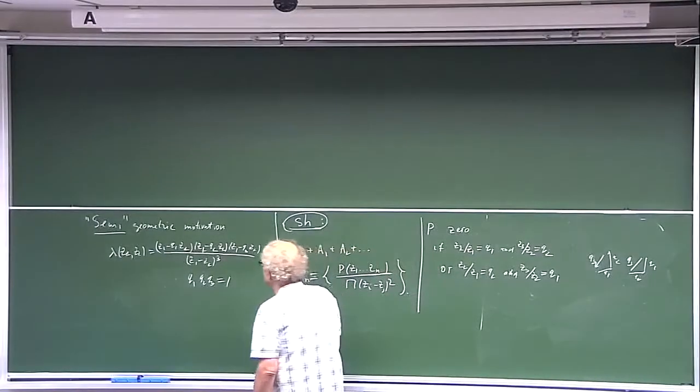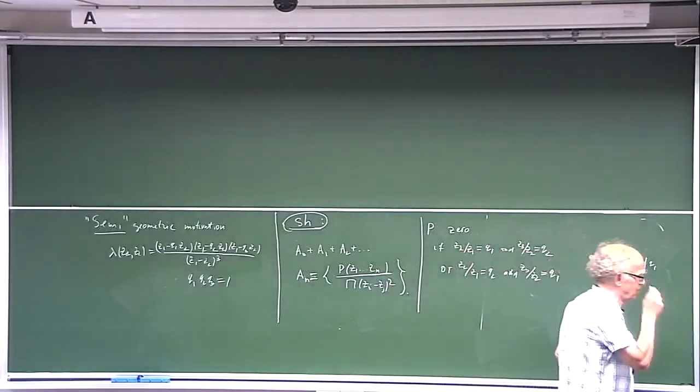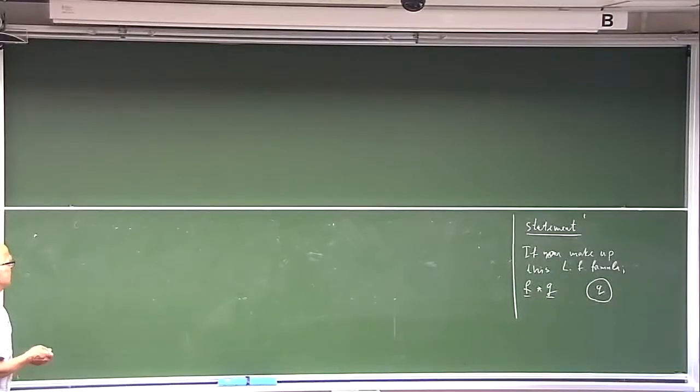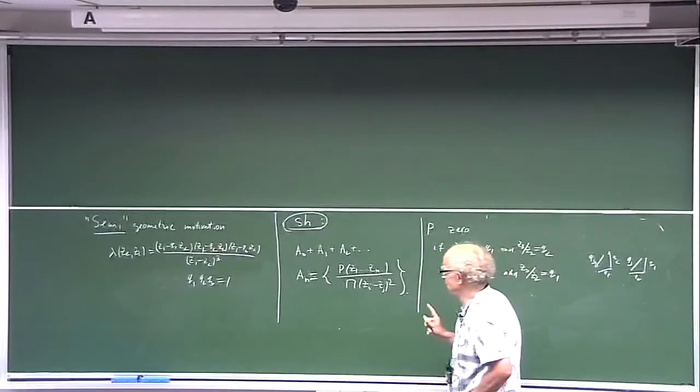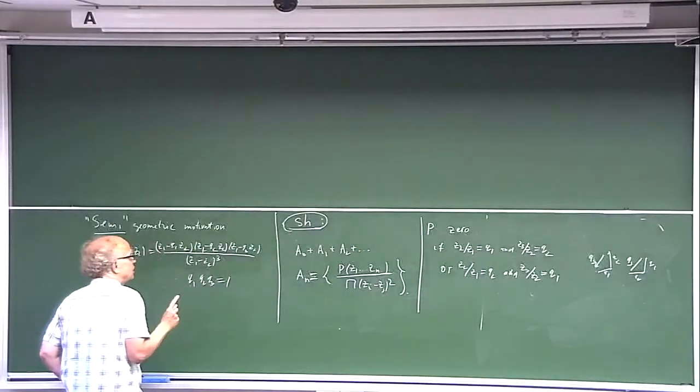To understand something about this algebra, I want to continue at the very end of my lecture, but I want to be short. In this case, P and lambda are the same.